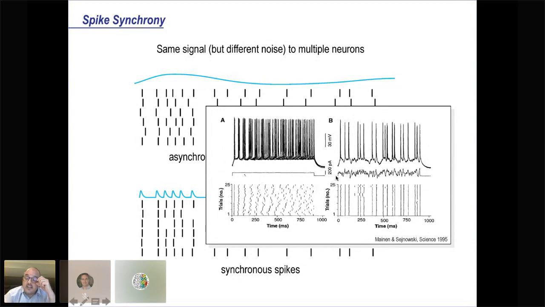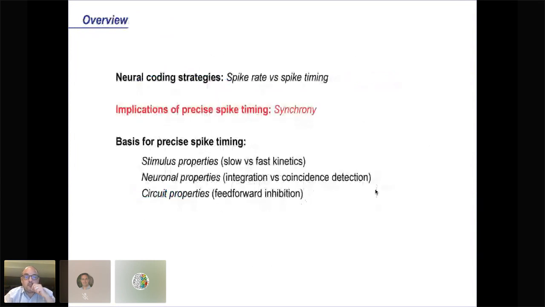However, if you take exactly that same neuron and give it a relatively fast fluctuating current, then in fact what you see is trial after trial, all of the spikes, or most of the spikes at least, tend to occur at the same time and tend to occur with very precise spike timing and very reliably as well.